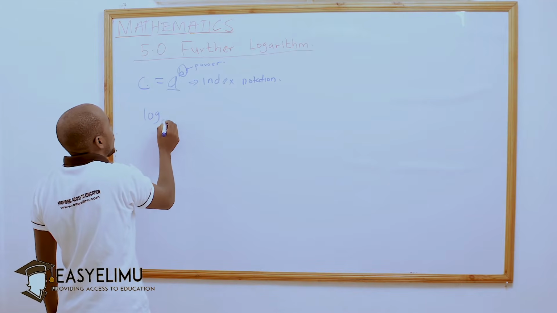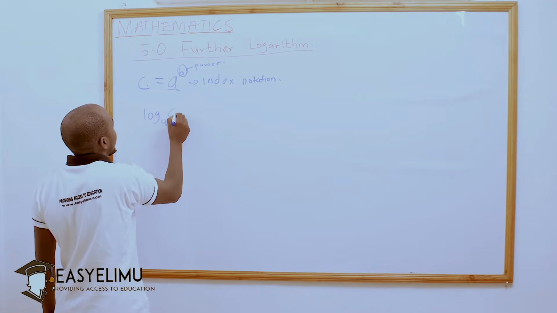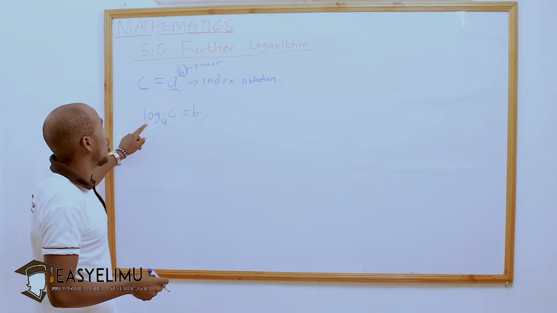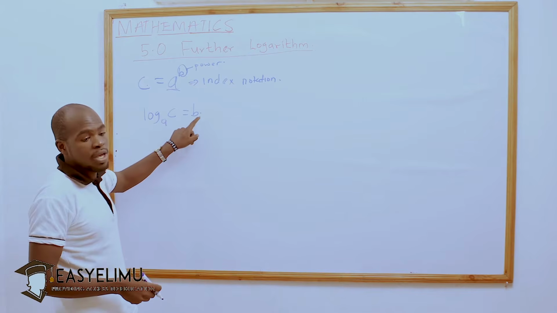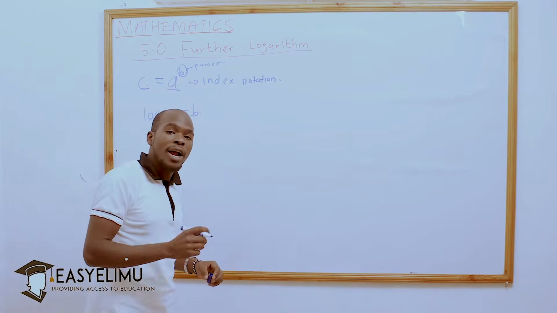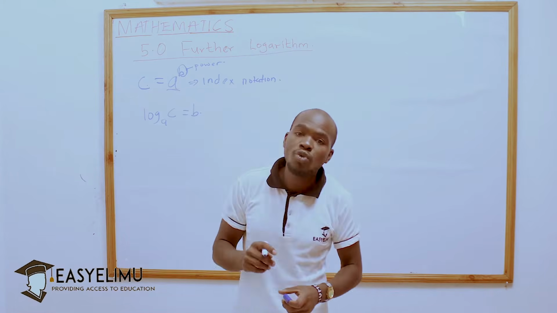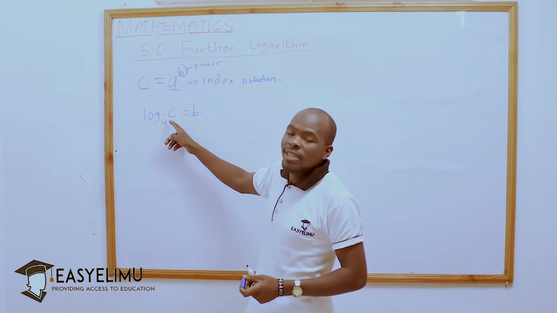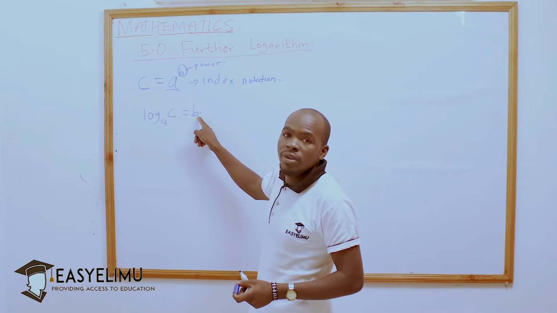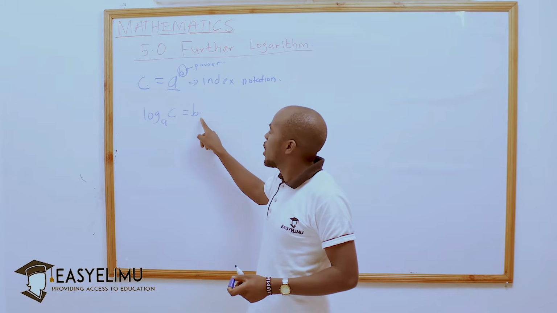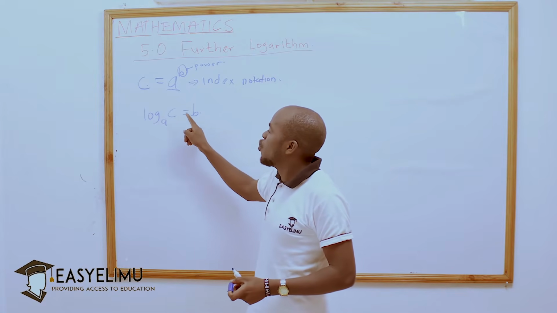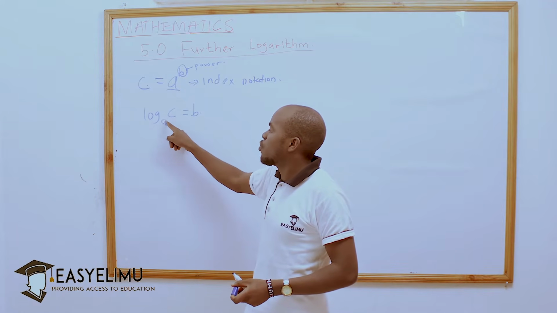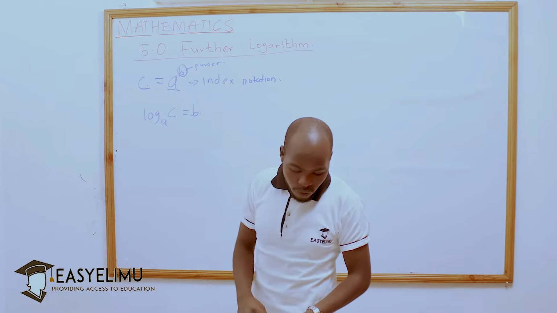So it will be log to the base of a of that number c equals b. This is read as log of c to the base of a equals b, and is interpreted as the power to which a must be raised so as to get c. So b is the power to which a must be raised to find c. So the logarithm of c to base a is equal to b.